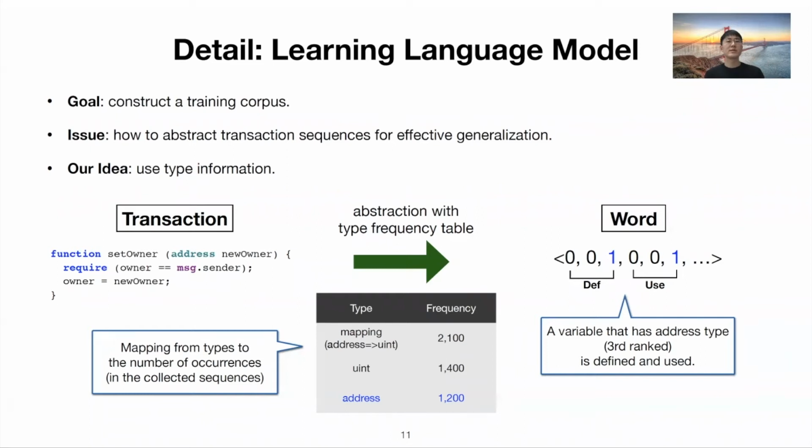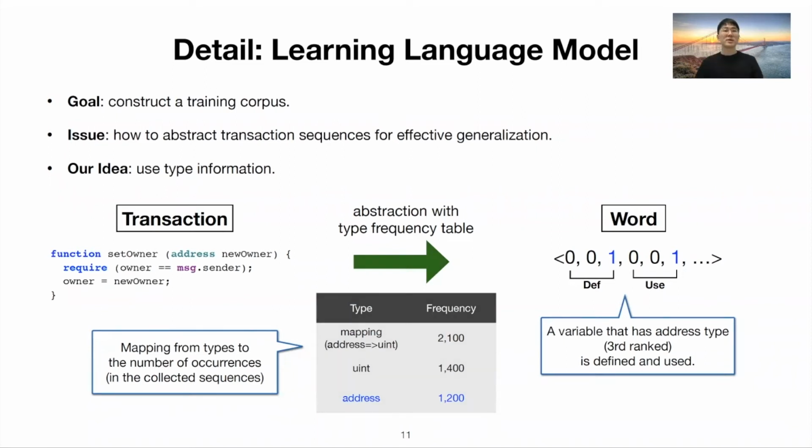The issue is how to abstract transaction sequences for effectively generalizing to unseen new contracts. In the context of Solidity smart contracts, our idea is to use type information. We use this idea because we found that type information is important for characterizing behaviors of functions in Solidity smart contracts.